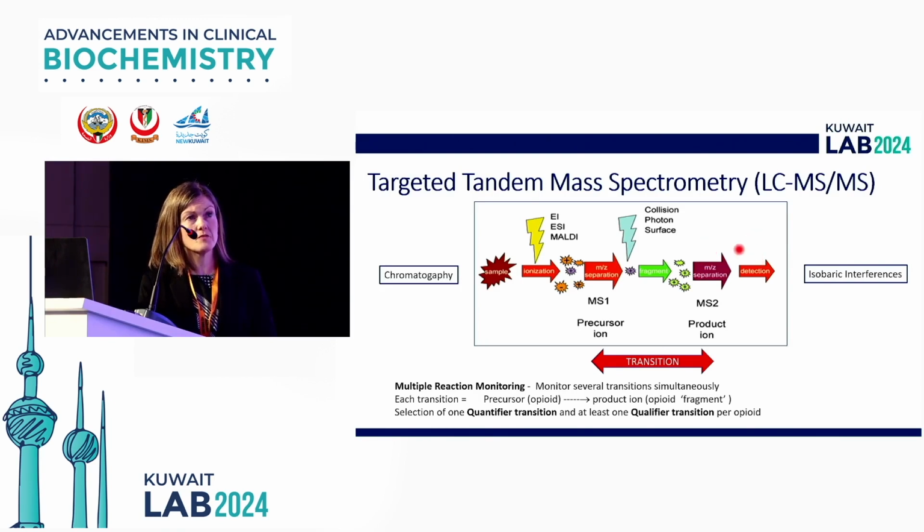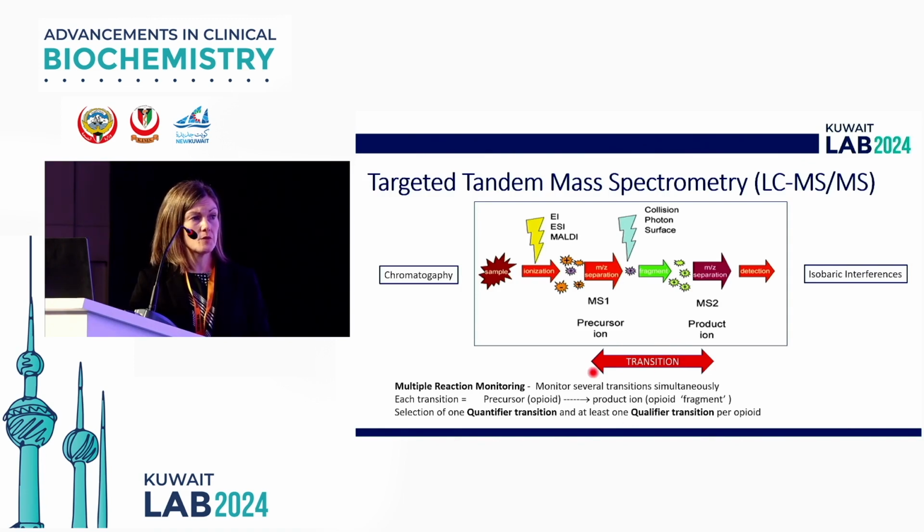You have to be very cautious about isobaric interferences. The way you investigate whether you've got isobaric interference is by selecting particular transitions and assessing which ones are specific for whatever molecule you're trying to measure.